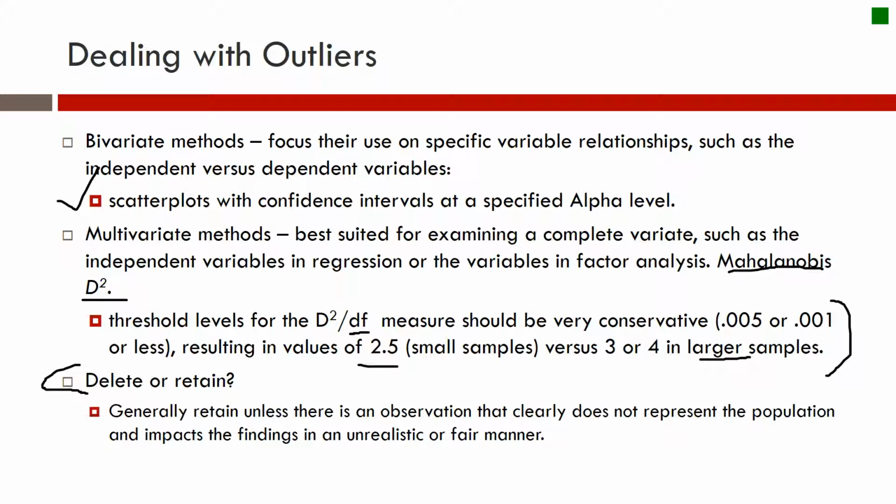And again, I would be cautious about deleting data unless they really contaminate your results and they are clearly not representative of the population, or you know that there's some type of error that has been made, like in the inputting of the data or something along those lines.